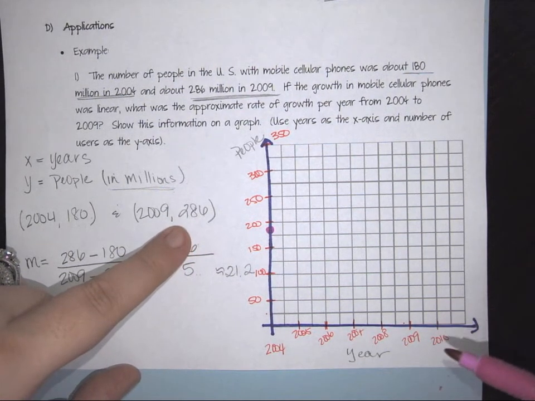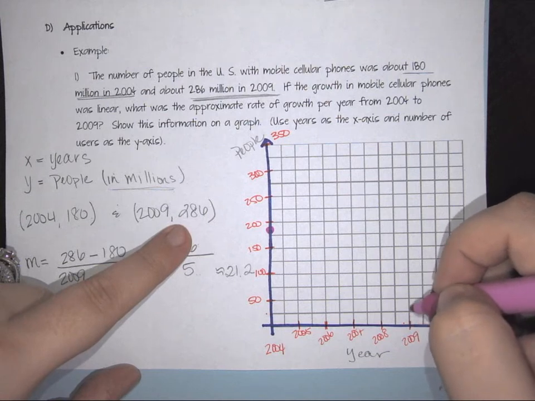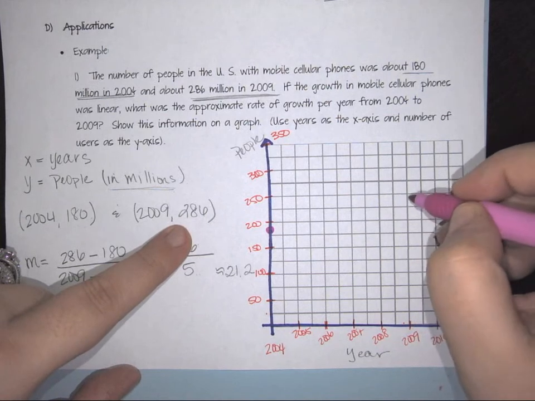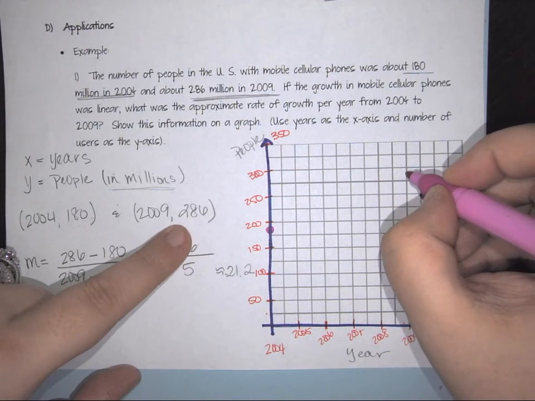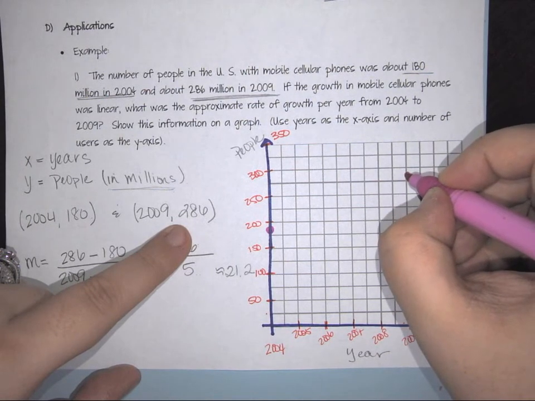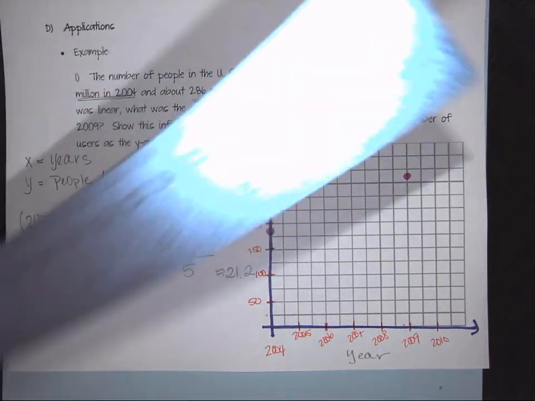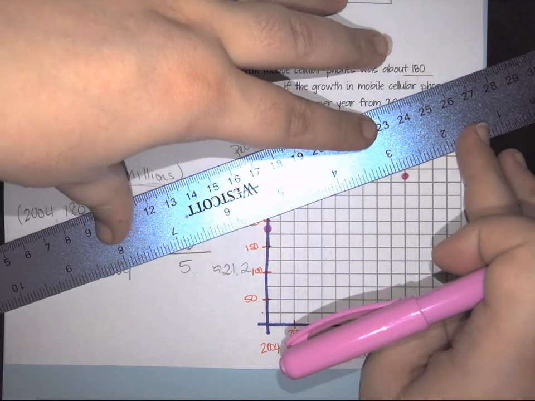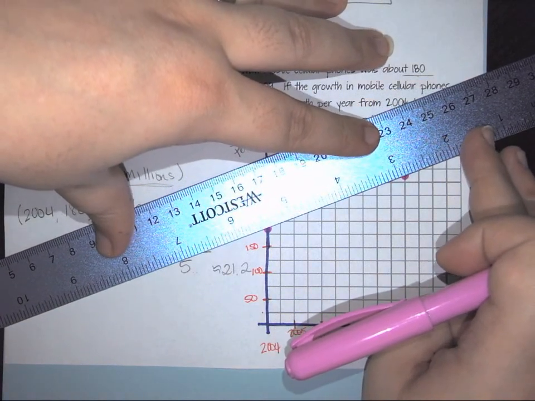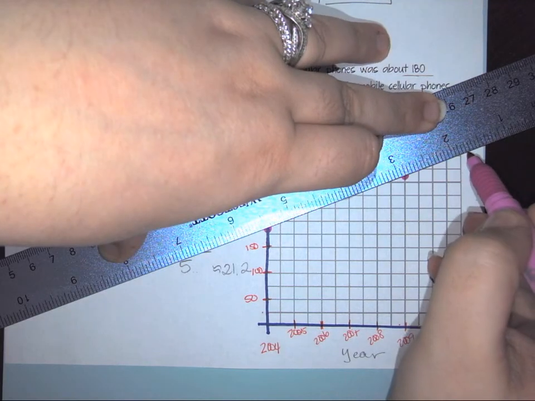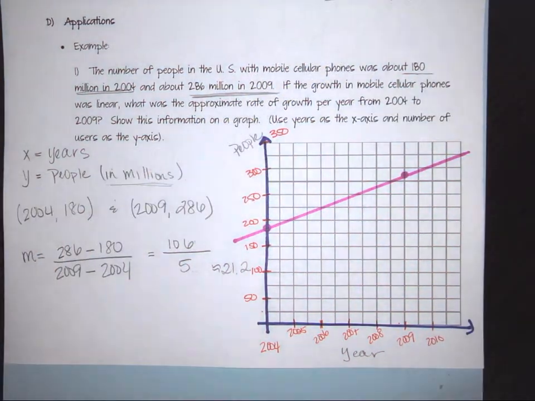So this is going to be 2009 at about 286. So 2009 is going to be this line here. Here's 250, 275, about 286 might be somewhere around there. So we would connect these points to the best of our ability. So notice that this is still a slight approximation.